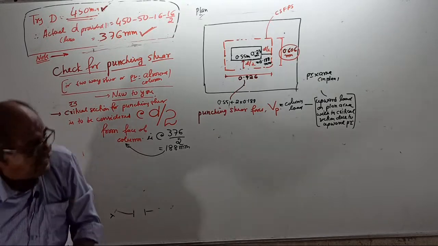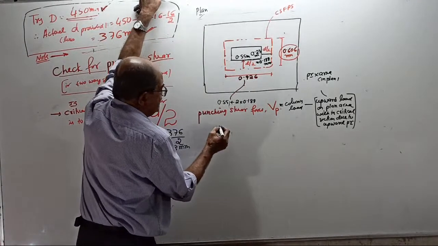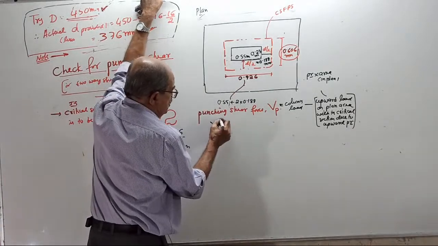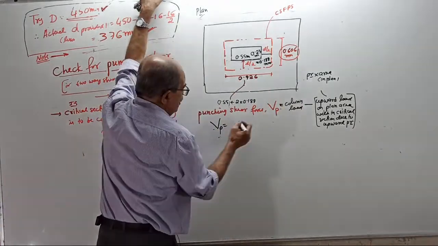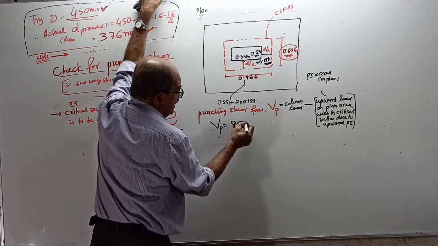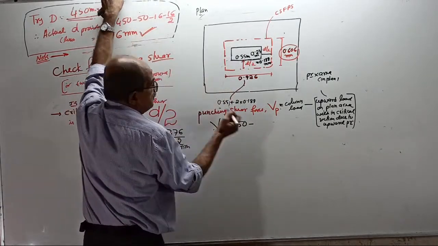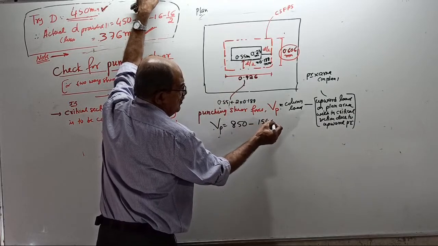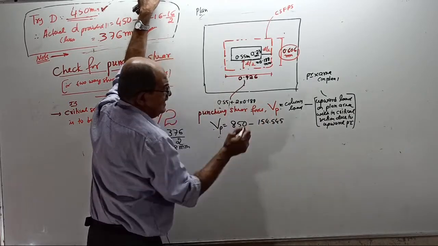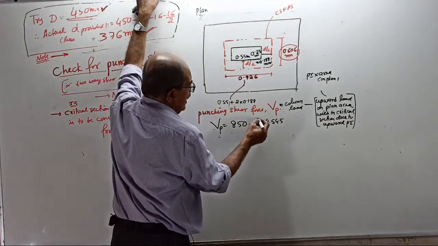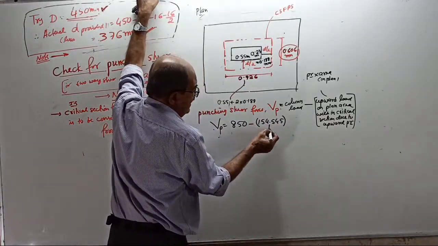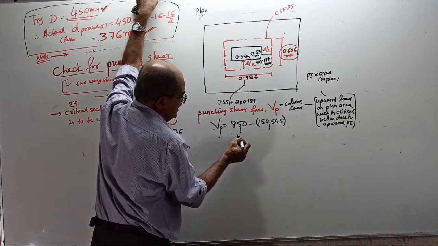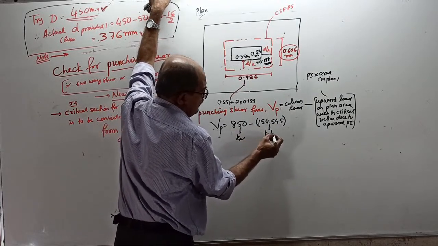Clear? Okay. Therefore, punching shear force VP equals what? Column load is 850 kilonewton minus the pressure, which is 154.545 kilonewton per meter square.